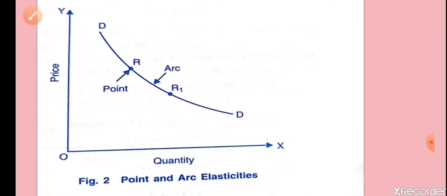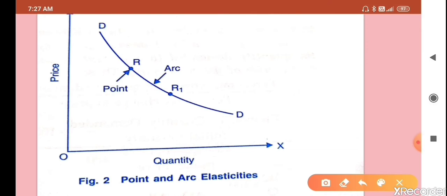And the second one is the arc method. When an arc is given and we have to find the elasticity, we draw a straight line, a tangent, at the point where we have to calculate. Suppose this point on the arc is point P. Again we use the same method.